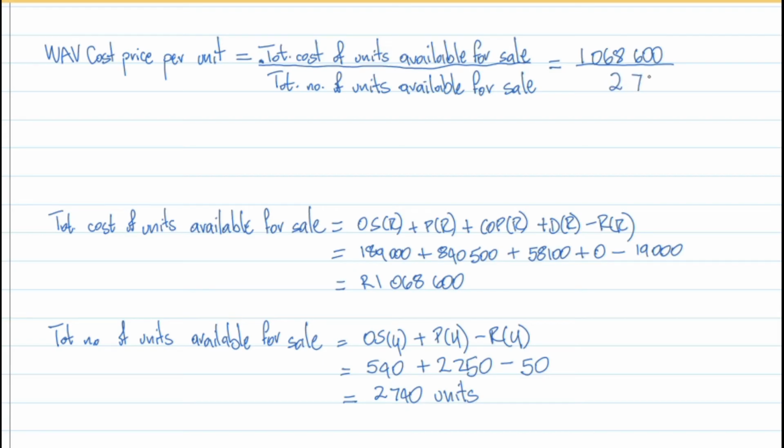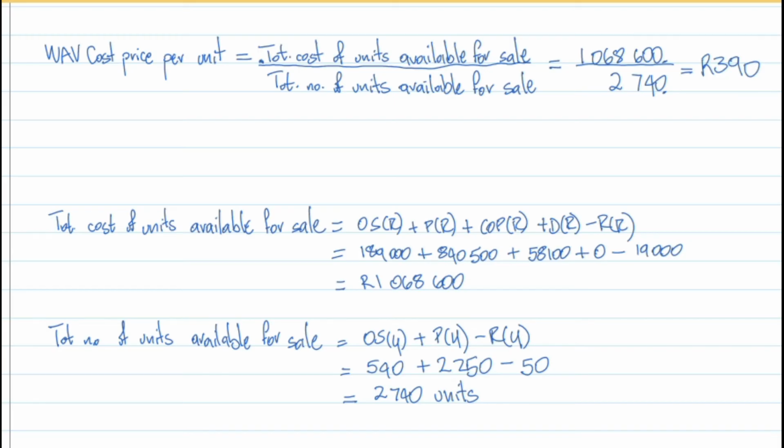So now we can calculate our weighted average cost per unit as 1,068,600 rands divided by 2,740 units. This gives us a weighted average cost per unit of 390 rands.